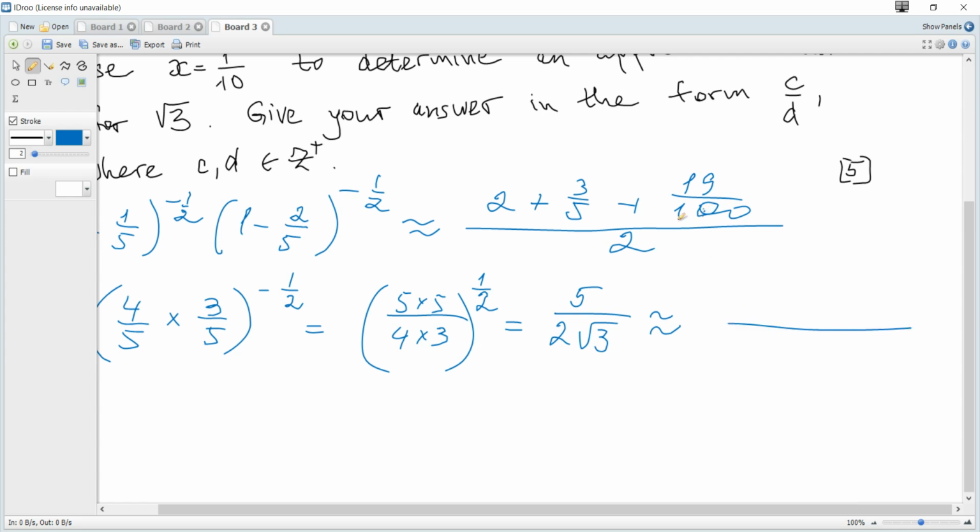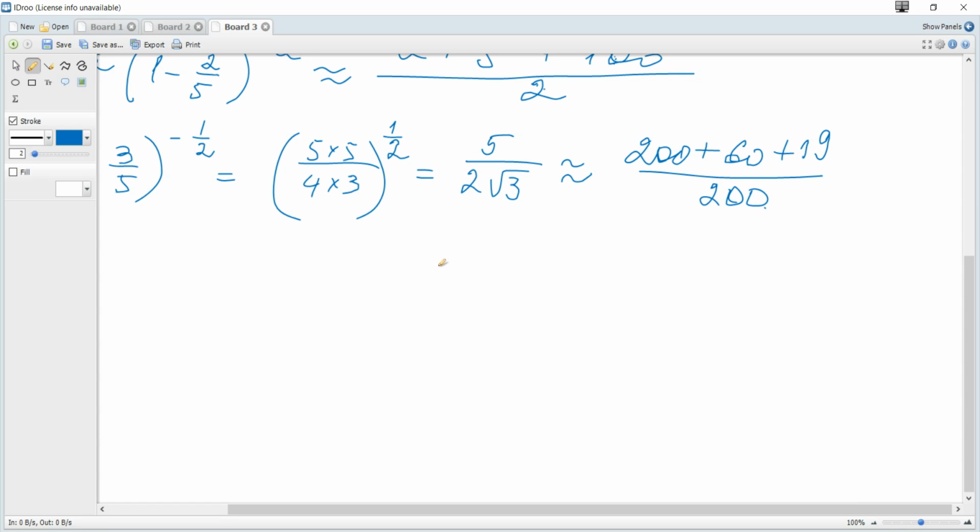The common denominator is 100, and together with 2 it will be 200, so it's 2 times 100, 200, plus 20 times 3, 60, plus 19. So 5 over 2 root 3 is approximately 279 over 200.